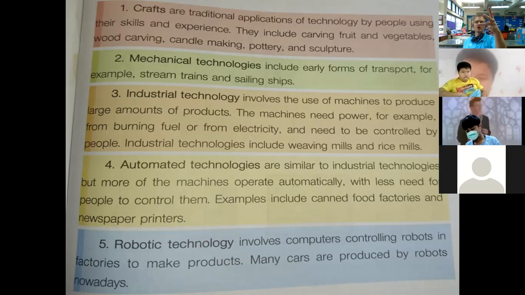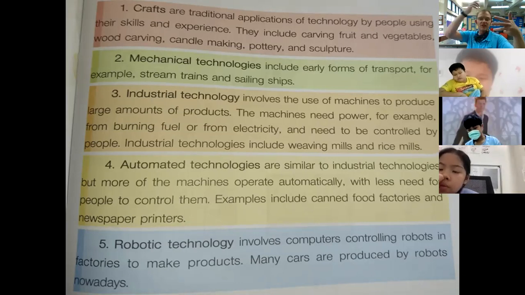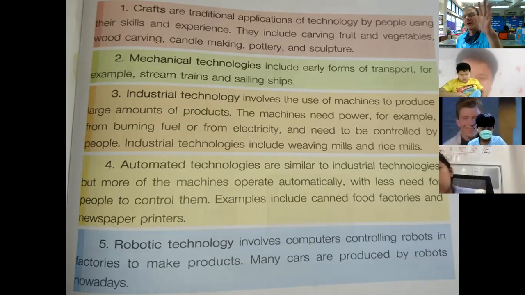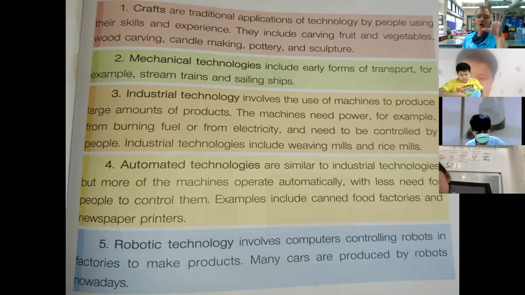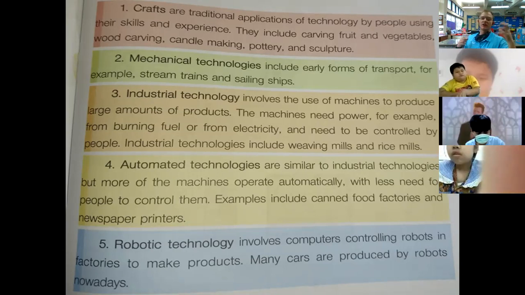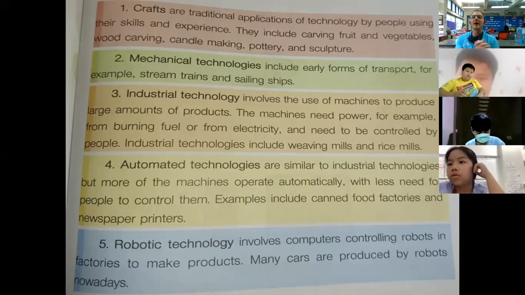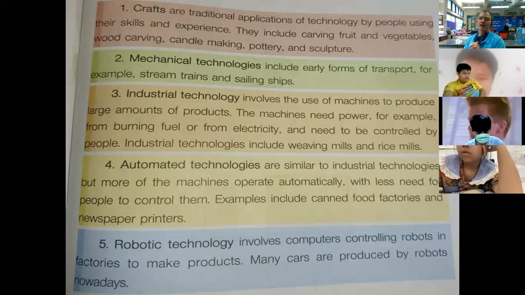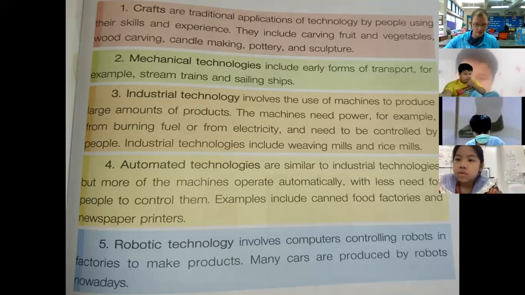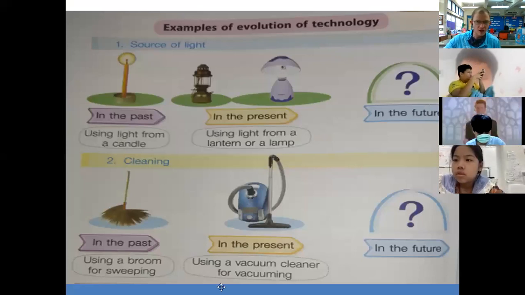Automated technologies, which are factories that do stuff automatically through implementation of machines. And 5, robotic technology, where we use the robots to control mechanical equipment to make things like cars and put the cars together. Okay, and the last little bit is the 3 steps of evolution of technology.